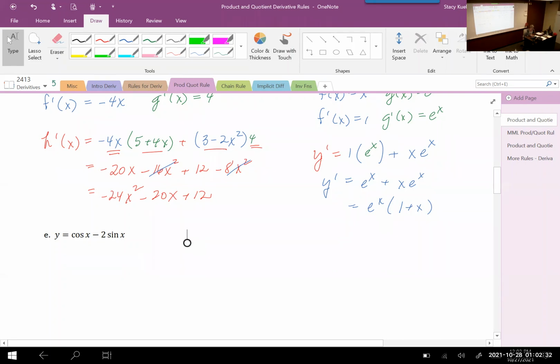So this is really almost not a product rule, is it? What's the derivative of cosine x? Negative sine x. Minus 2 times, what's the derivative of sine x?